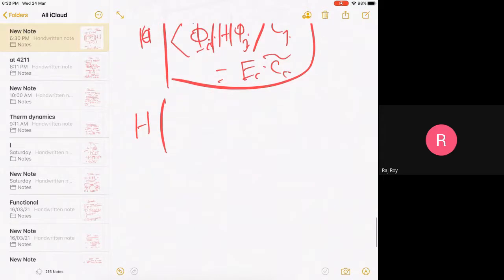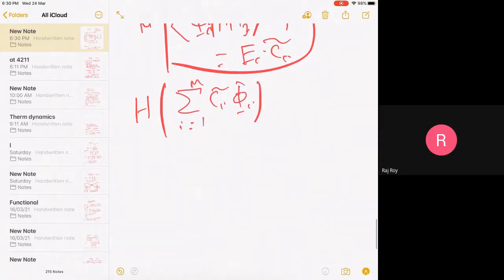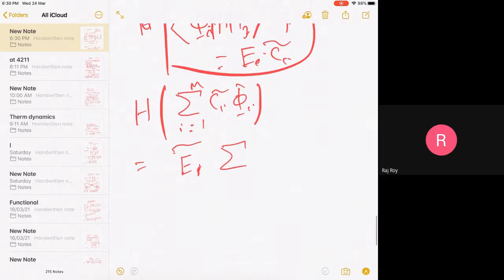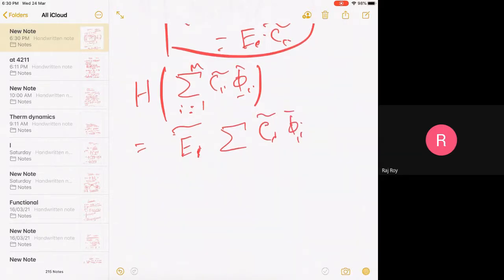So if you see what I had told, if I put this in the Schrodinger equation, h psi equal to ei tilde, or E tilde you can say, sum over ci tilde phi I. Then what you do is to project this with phi j.